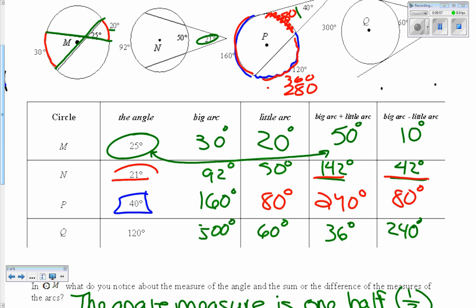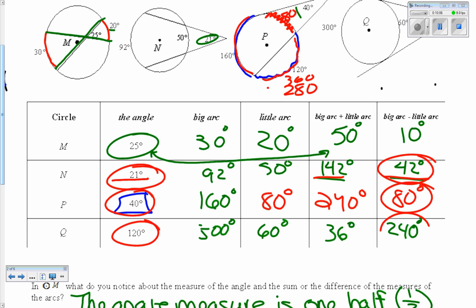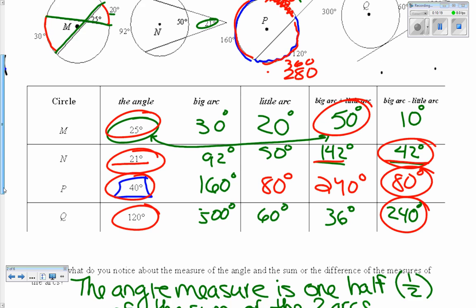I notice that 21 is 1/2 of 42. I notice that 40 is 1/2 of 80. I also notice that 120 is 1/2 of 240. Okay, so notice I circled those all in the last column, the big arc minus the little arc. Versus in my first example, this was 1/2 of this column. Okay, keep that in mind. And we're going to go back and really focus on that.